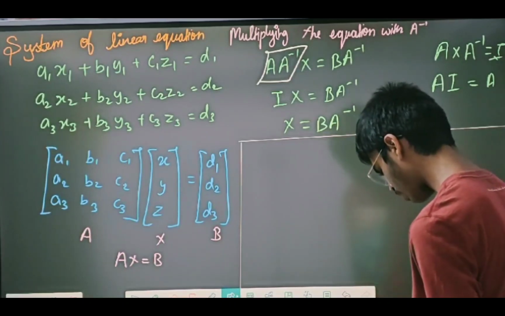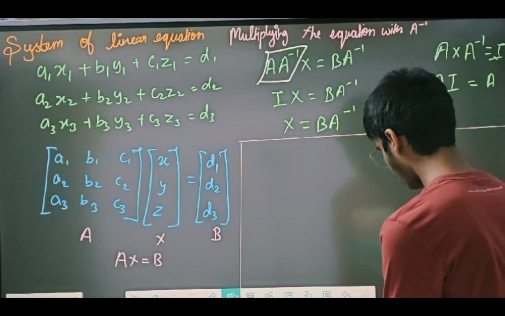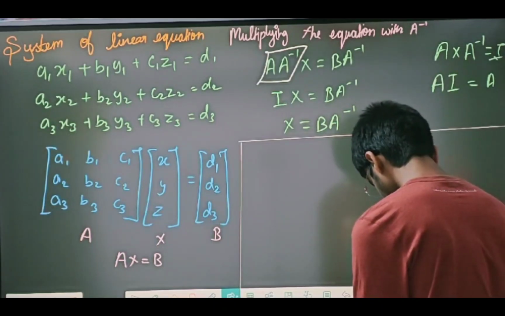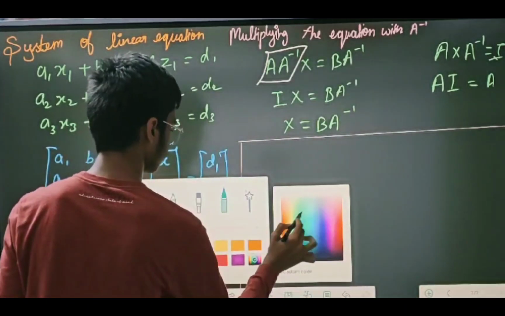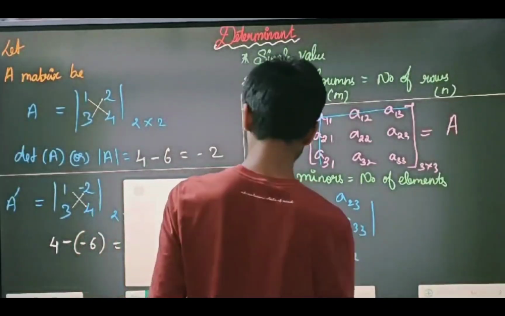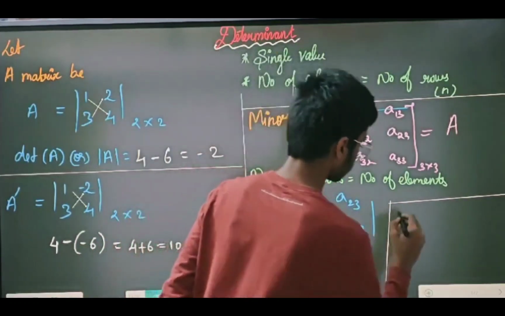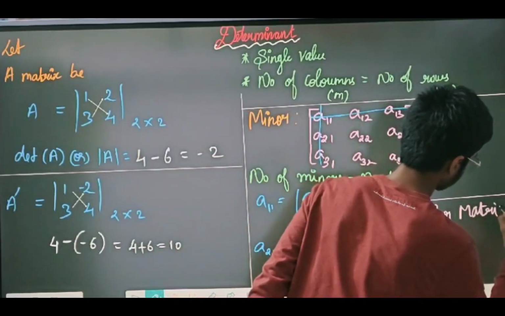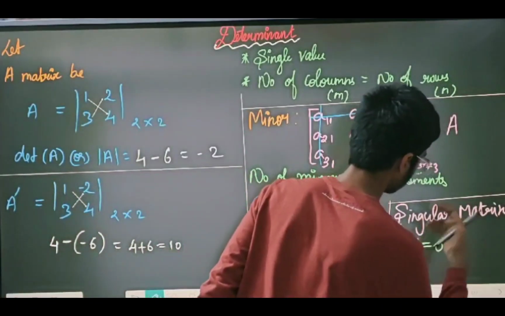Non-singular and singular matrix. What is a singular matrix? A singular matrix is one where the determinant is 0. Non-singular is where the determinant is not equal to 0. Okay, so if a matrix determinant is equal to 0, then it is known as a singular matrix.